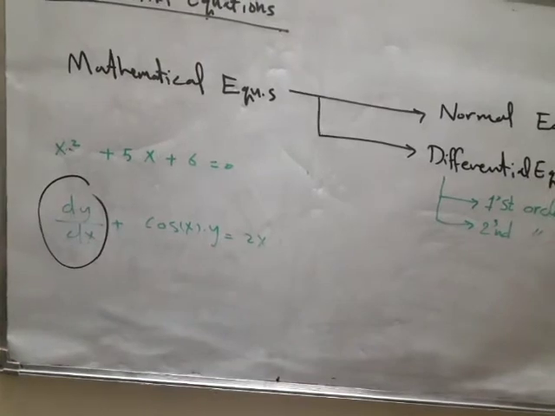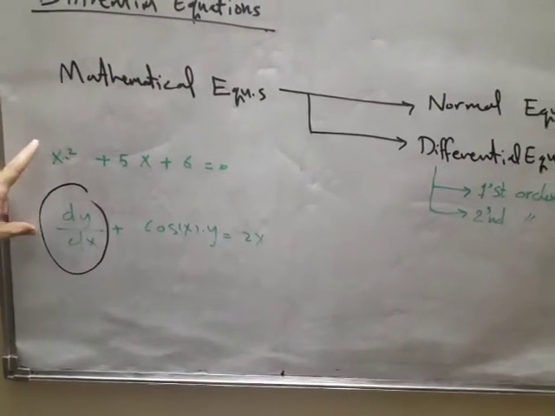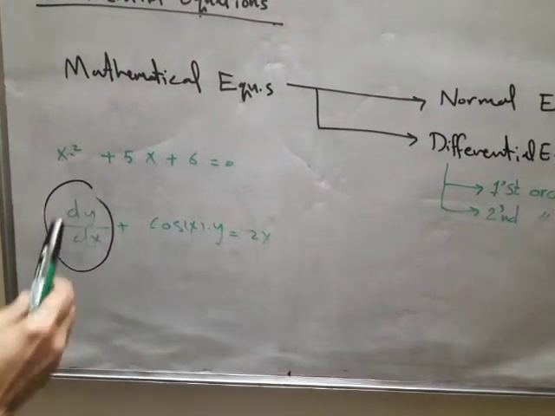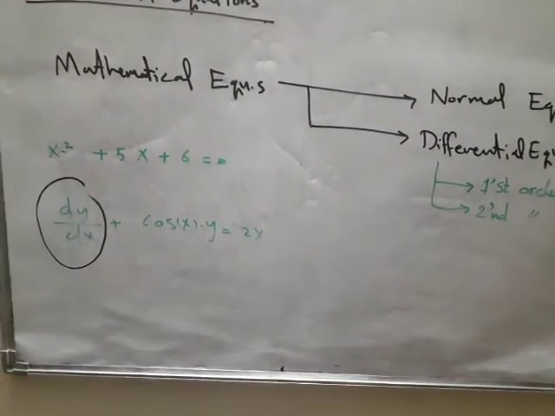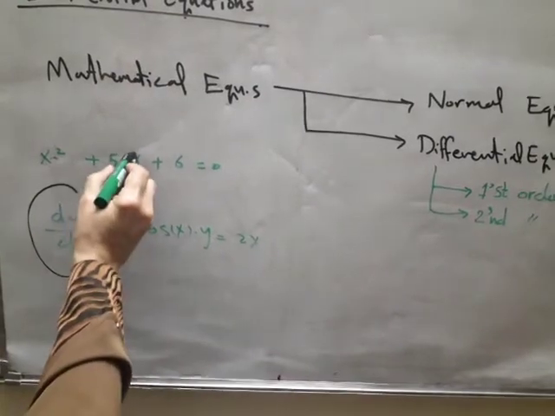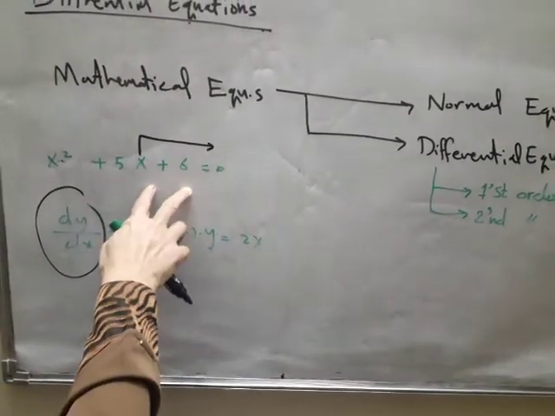The second important difference between these two types is that for the first equation we must find the values of the variable that satisfy the equation.